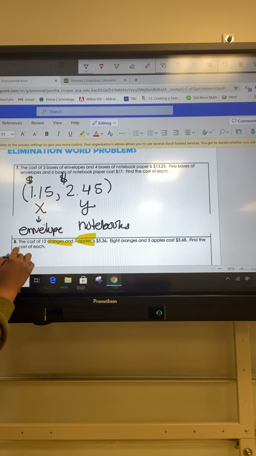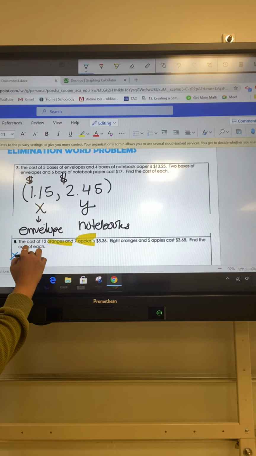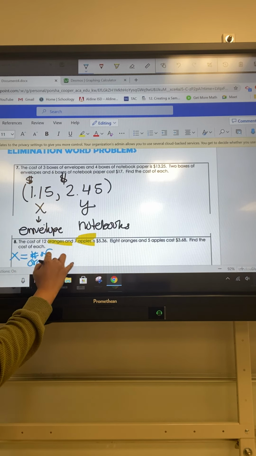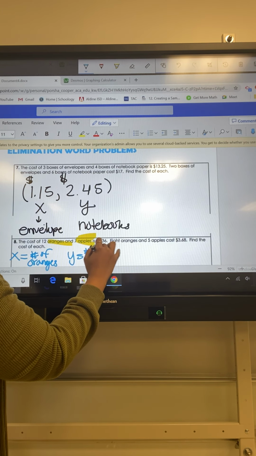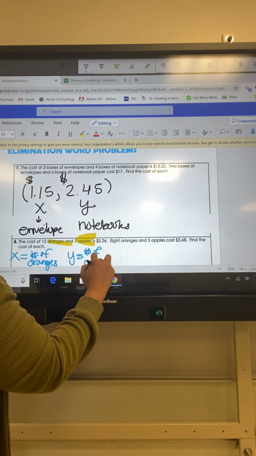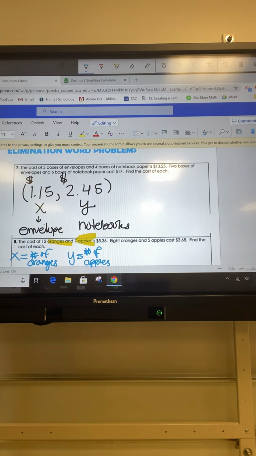Let's say that x is going to be the number of oranges and y is going to be the number of apples. All right, so what we're going to do is we're going to write 2 equations, and those 2 equations we will then use to solve to figure out the cost of each.